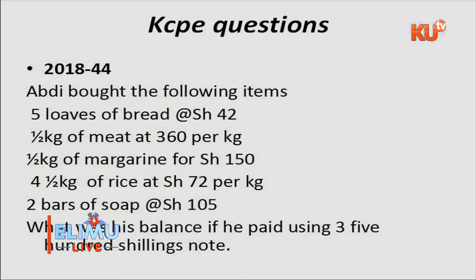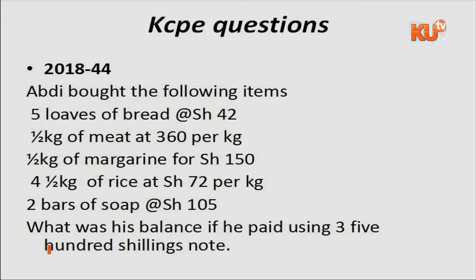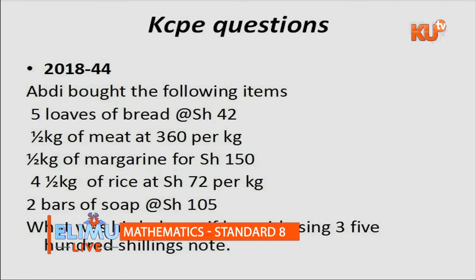And the question is, Abdi bought the following items: 5 loaves of bread at 42 shillings, a half kg of meat at 360 per kg, a half kg of margarine for 150 shillings, 4.5 kg of rice at 72 shillings per kg, 2 bars of soap at 105 shillings.